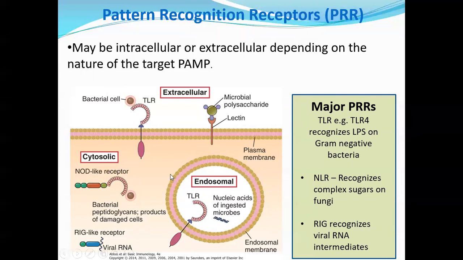The other major PRRs are the nod-like receptors, which we call NLRs, and the rig-like receptors. Now, the rig-like receptors, of which there are 3 or 4 different kinds, can recognize viral RNA like coronavirus. A coronavirus is a single-stranded RNA virus.